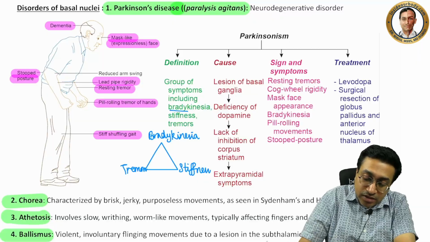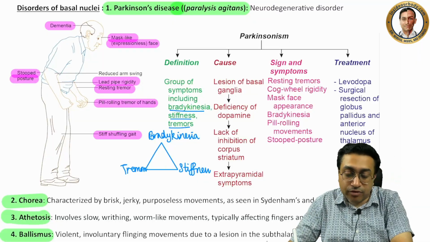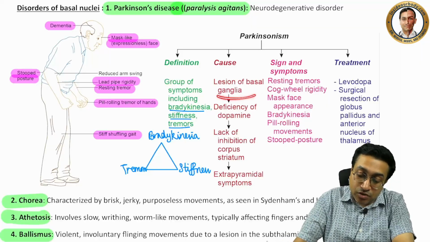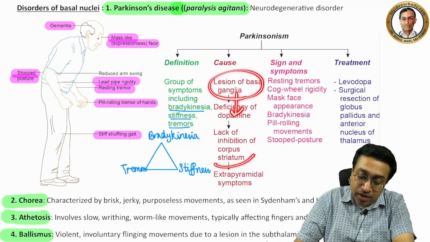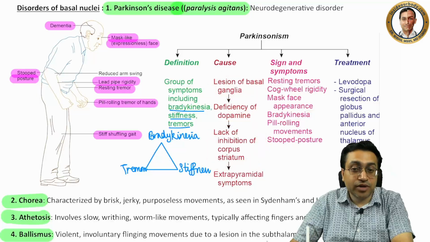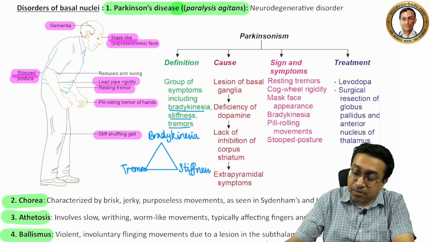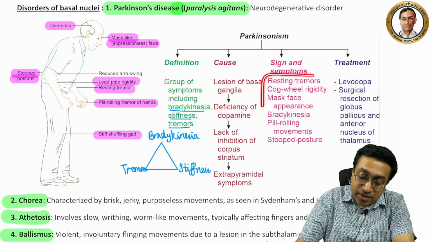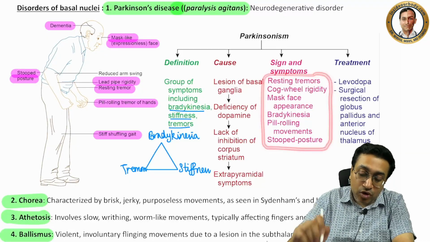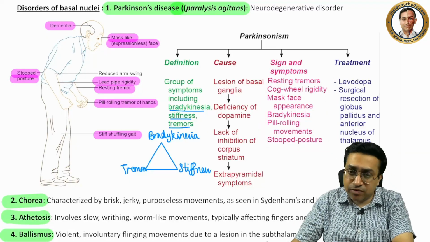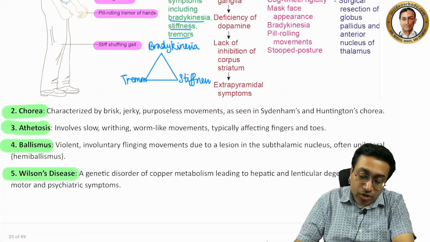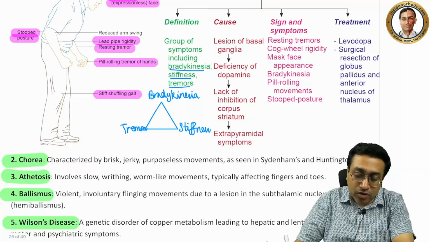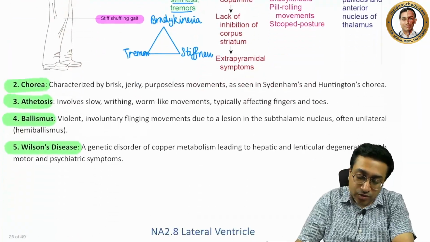These three features are very important for Parkinson's disease. Now you see lesion of basal ganglia, deficiency of dopamine, lack of inhibition of the corpus striatum, ultimately extrapyramidal symptoms are produced. You can see resting tremors and cogwheel rigidity, mask-like appearance, whatever we have discussed. Next we come to chorea. And the treatment includes levodopa, or surgical reduction of the globus pallidus, you can remember.